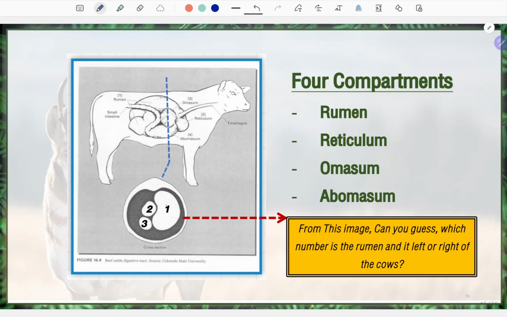The rumen is the big part of the gastrointestinal tract. So on the left side of the animal's stomach is the rumen. It's the big one. The rumen is the big part.